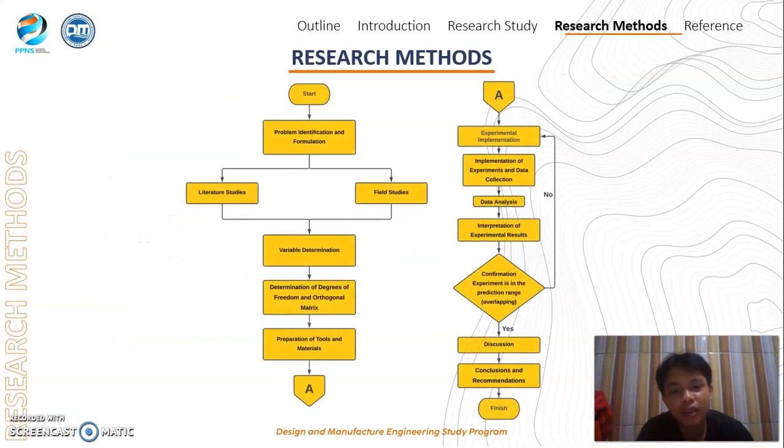And this is the research method of my study. Begin with start, then problem identification and formulation, then literature studies and field studies, then variable determination, then determination of degrees of freedom and orthogonal matrix, then preparation of tools and materials, then implementation of experiment and data collection, then data analysis, then interpretation of experimental result, then confirmation experiment: is it in the prediction range?